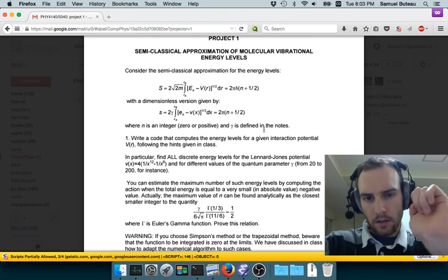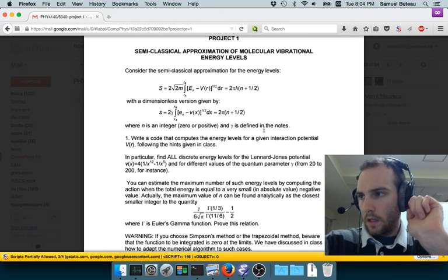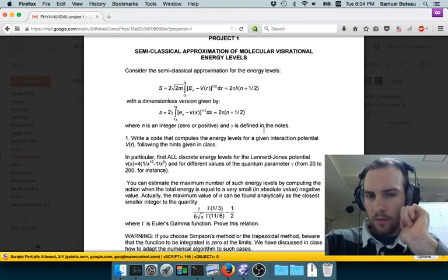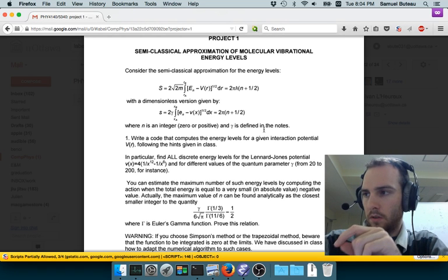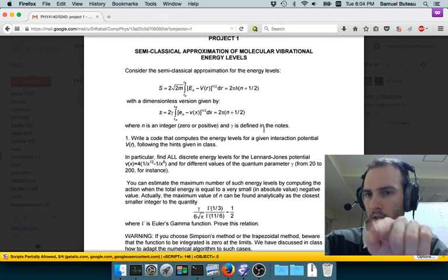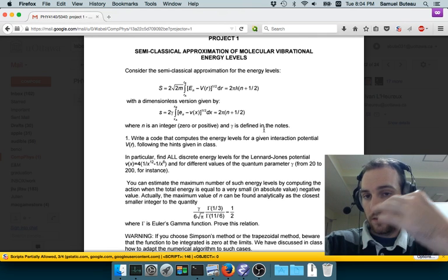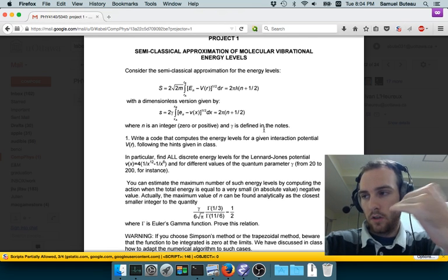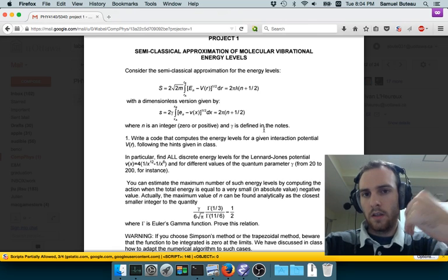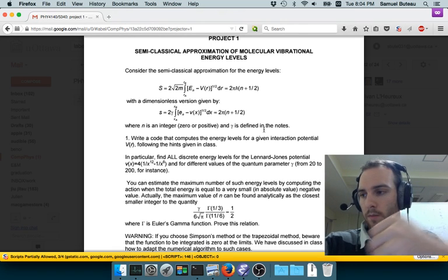So if you fix the total energy and you need to find the value of the spacing between the two atoms for which the potential energy is equal to that fixed value, you're basically solving a root finding problem.